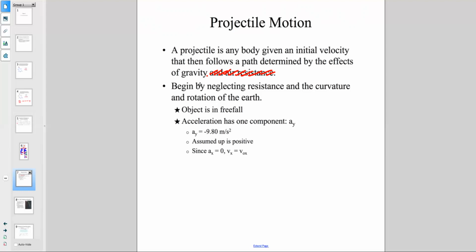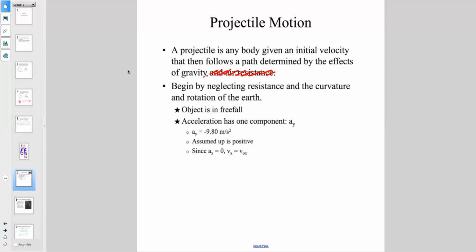So begin by neglecting the air resistance and the curvature and rotation of the earth and things like that. And the object is in free fall, and you know what free fall is. Acceleration has one component, ay, which is always negative g, or negative 9.81. So the opposite of positive.